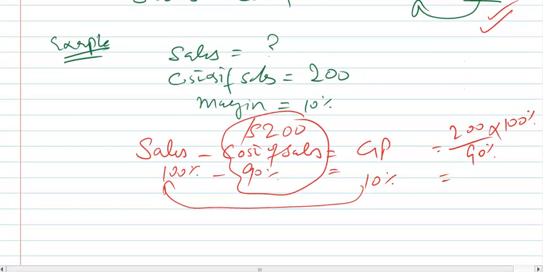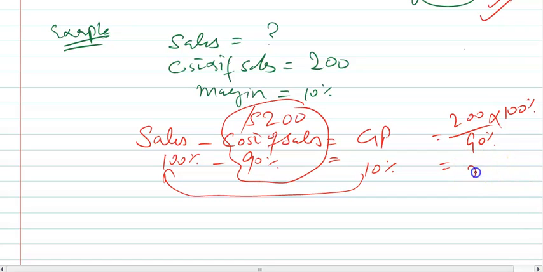If we solve this, we get 222.22. If you put this here, you will find the GP. By this way you have found your gross profit.